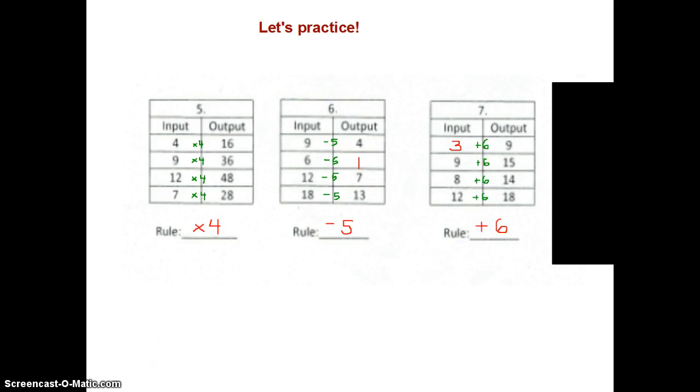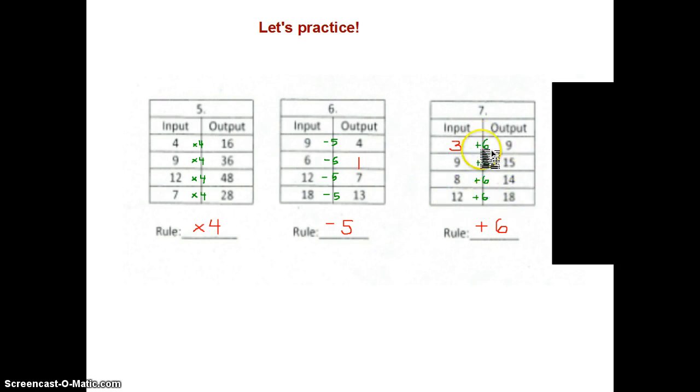Okay guys, looking at your answers now, if you came up with a missing number of 3 and the rule of adding 6, you're correct. Now let's talk about this one for just a second. You should have been able to use the numbers that you were given in the input-output box to help you figure out the rule. 9 plus 6 is 15, 8 plus 6 equals 14, 2 plus 6 equals 8.